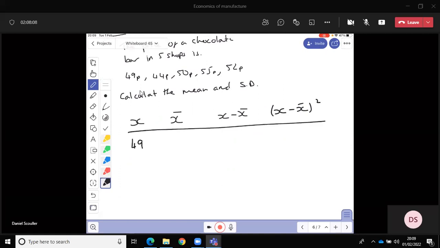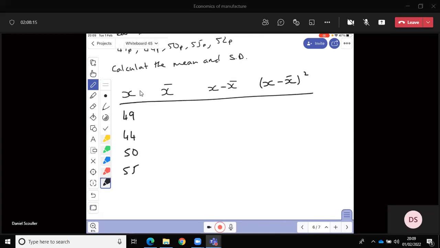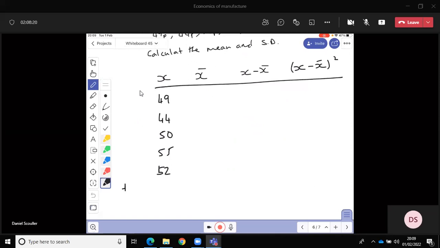You don't need to put these in order. And then total, and that's just adding them up. So in your calculator, 49, 44, 50, 55, 52, you should get 250.